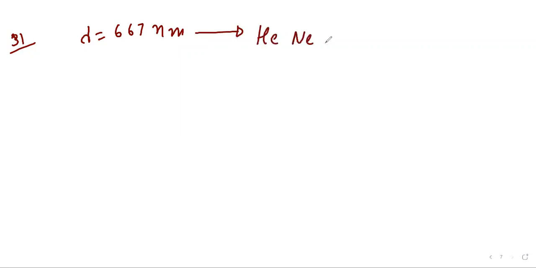Next question is 31. Monochromatic light of wavelength lambda is 667 nanometer, produced by a helium neon laser. The power emitted is how much power it is producing?